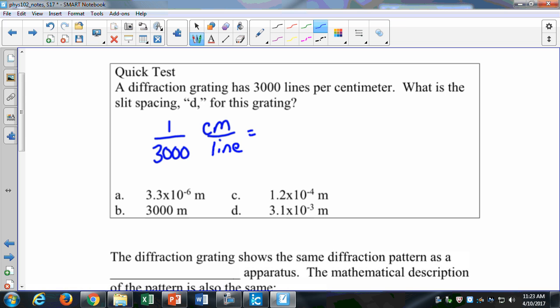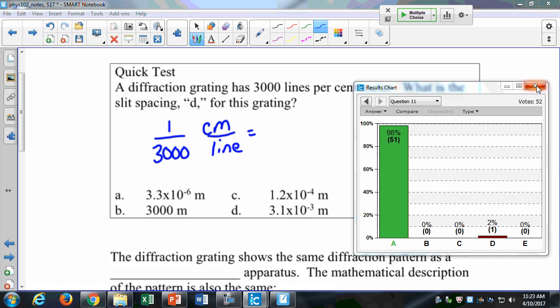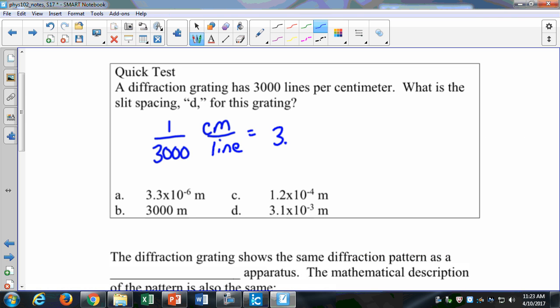And 1 over 3,000, what was the answer? Okay, 3.3 times 10 to the minus 4, thank you. That's in centimeters though, so the right answer, I moved that decimal place over 2 places, is going to be 3.3 times 10 to the minus 6.